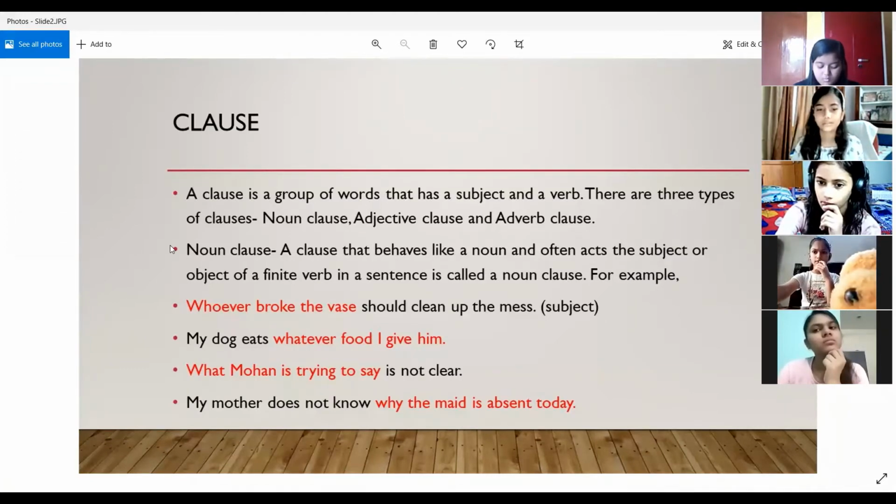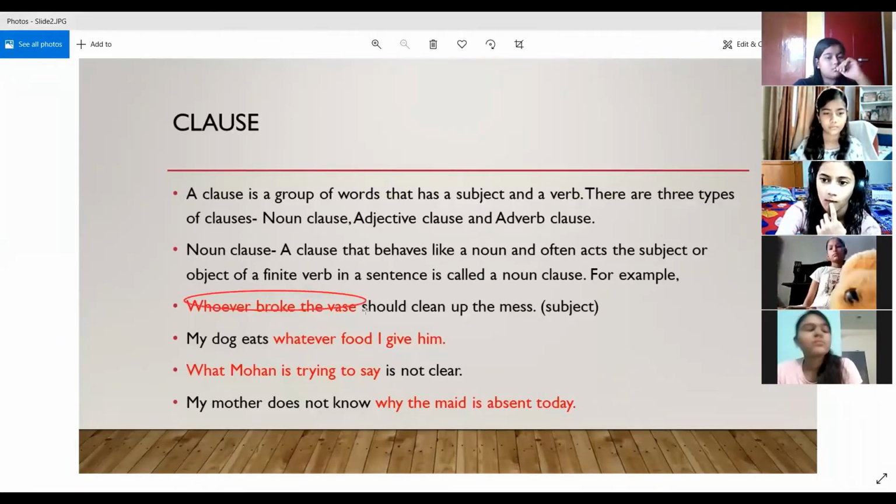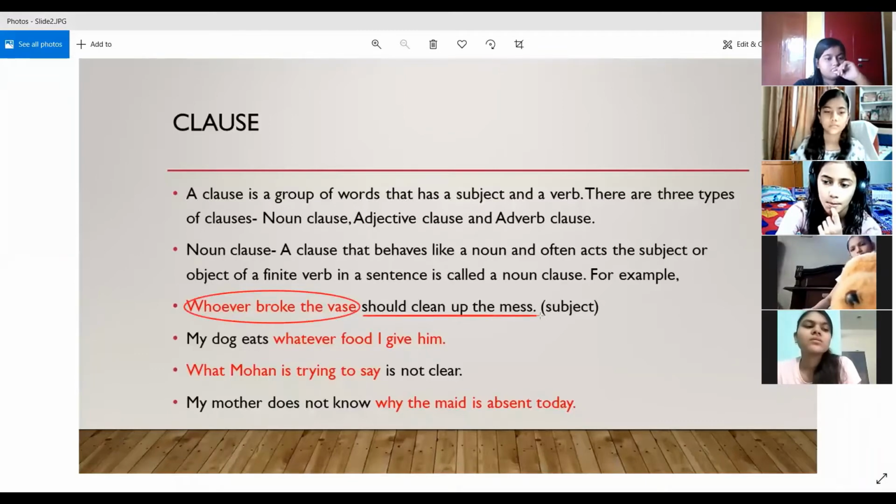No, see, over here, this whole part, whoever broke the vase, is acting as a noun. First of all, try to understand this. Should clean up the mess is not acting as a noun. It is not answering any such question that it can act as a noun, right?